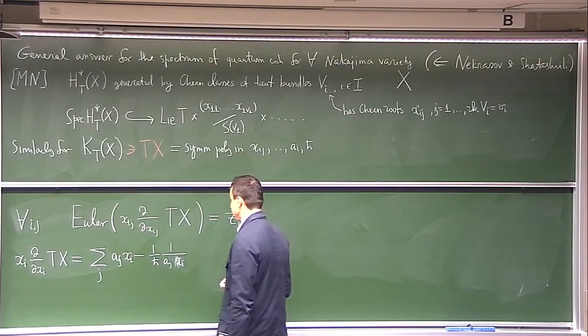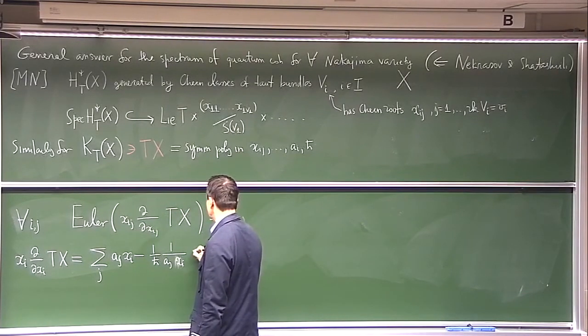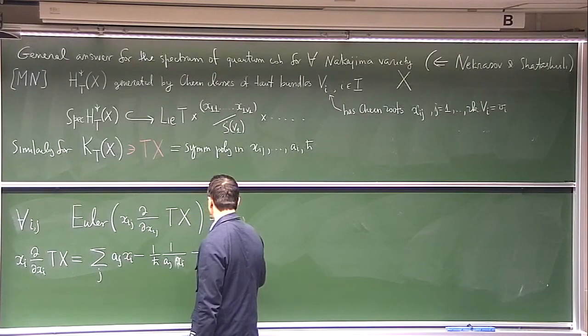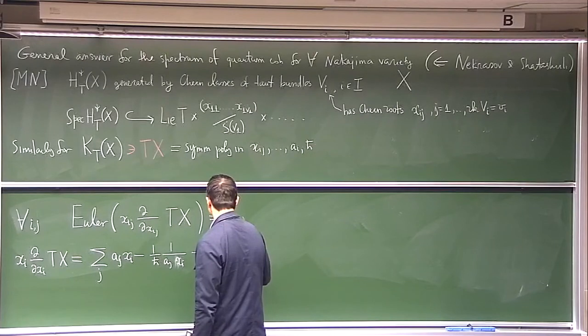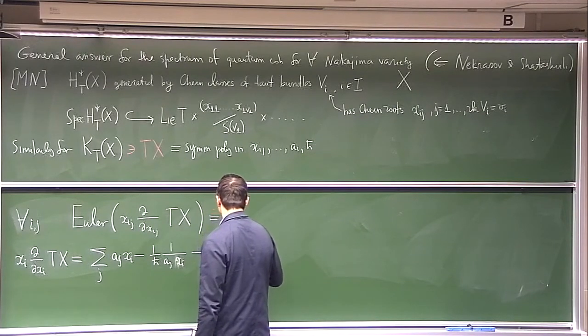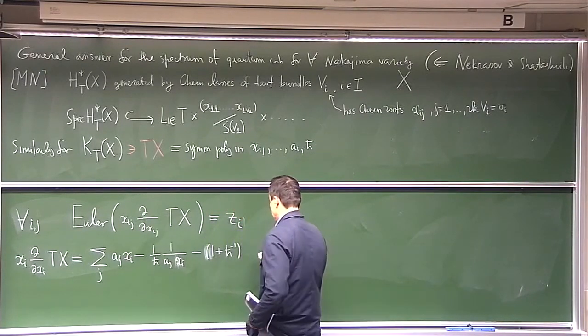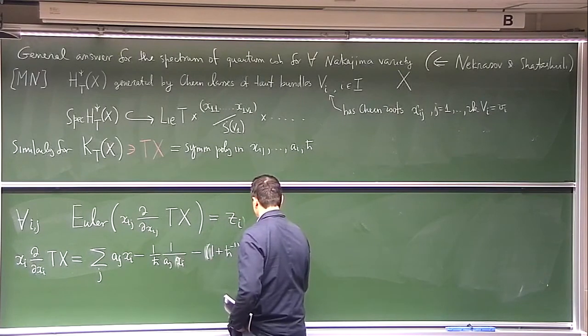Now I'm going to get minus h bar, minus 1 plus h bar inverse times the summation over j.